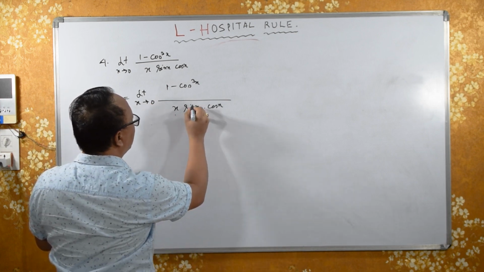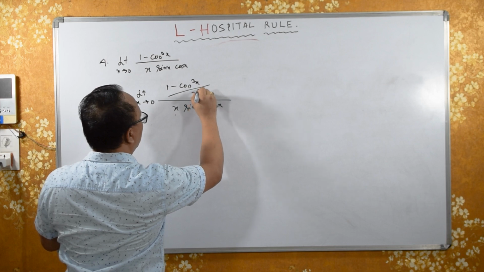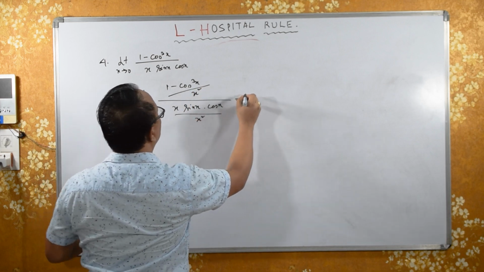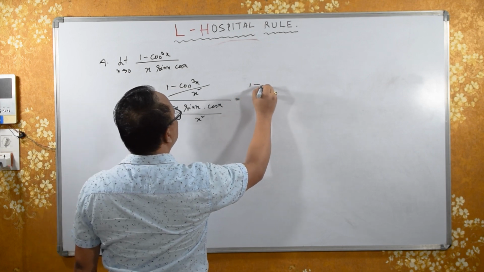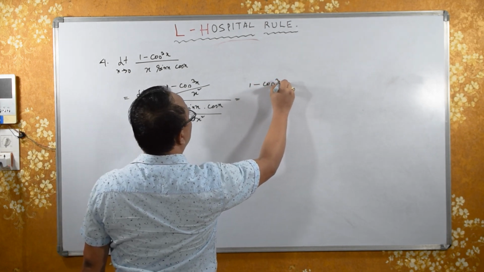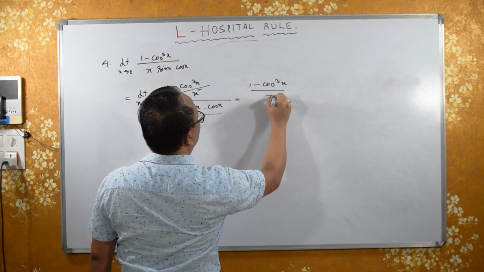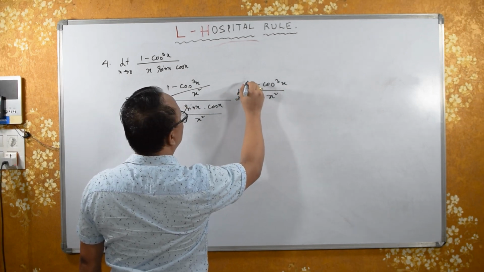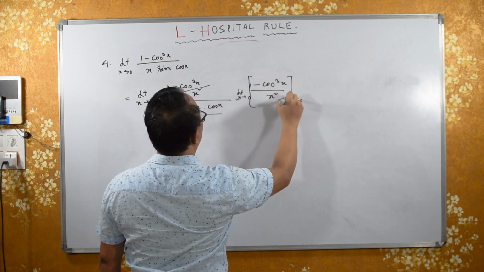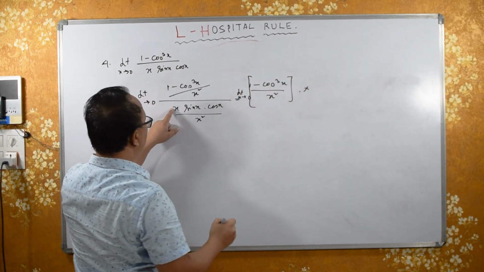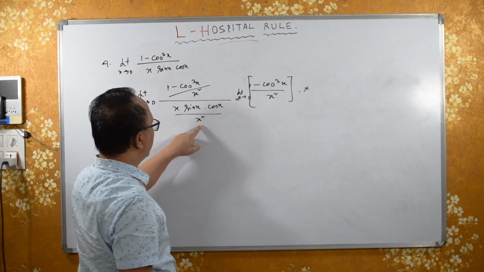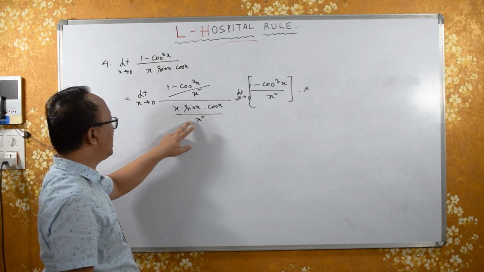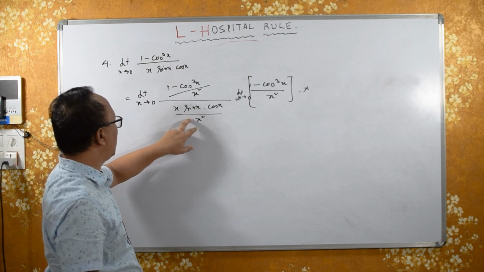Now dividing numerator and denominator by x square, here 1 minus cos cube x upon x square, limit when x tends to 0, into, this x and this x get cancelled, sin x upon x when x tends to 0 becomes 1.